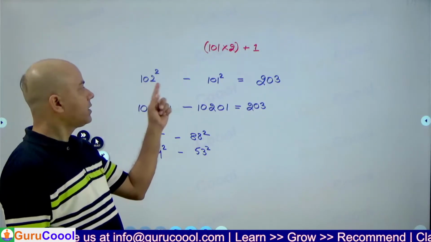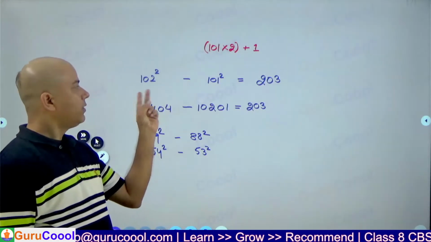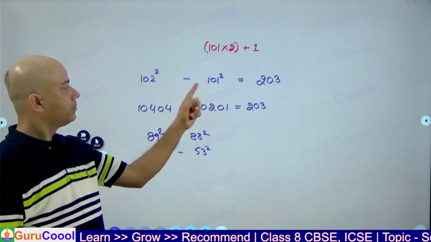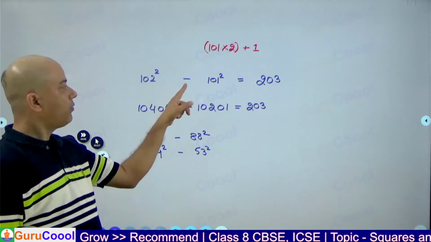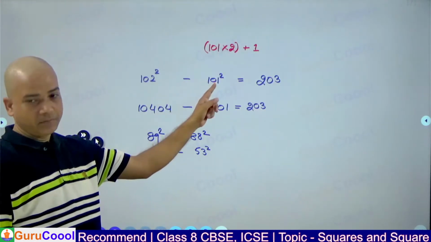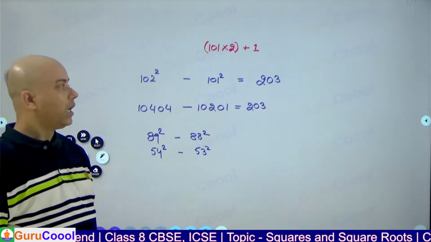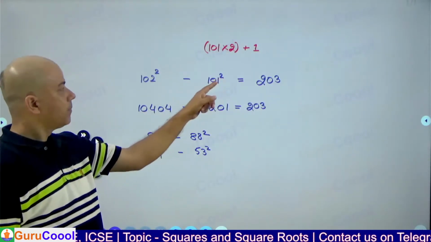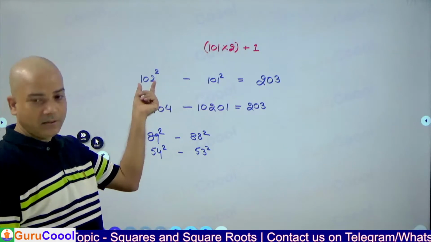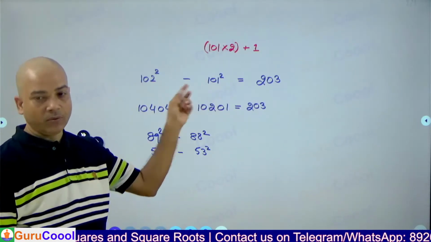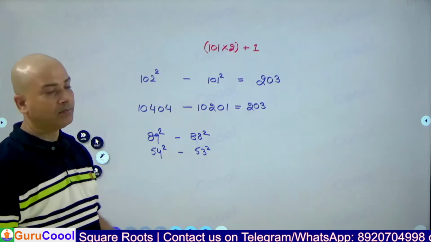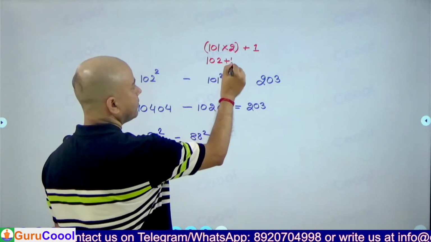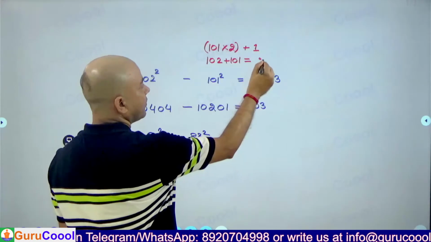If I have this type of numbers which have only a difference of 1 in the base, and I have to find the difference of their squares, the other trick is that I will ignore the squares and add the two bases together. 102 plus 101. Tell me. 203. That's it. Done.